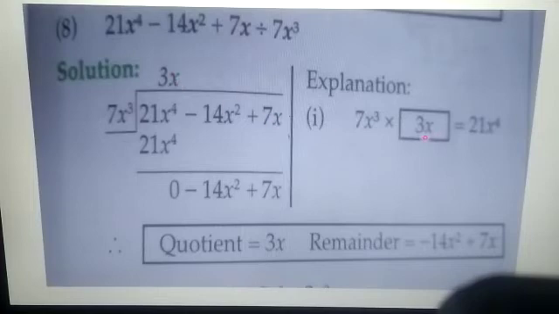That is, 3x is the first term of the quotient. So 7x cube multiplied by 3x gives 21x raised to 4. Now subtract it. Write down 21x raised to 4 and subtract. So we get remainder as 0 and minus 14x square plus 7x as it is.